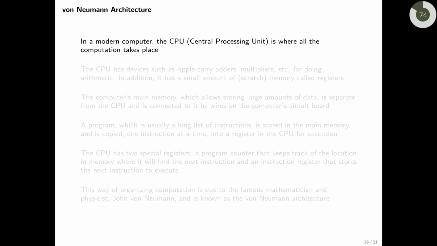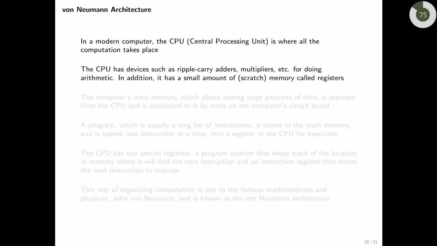Now we are ready to talk about how you build a computer. In a modern computer, the CPU or the central processing unit is where all the action takes place. What does the CPU contain? Well, the CPU has devices such as the ripple carry adders, multipliers, and so on for doing arithmetic. In addition, it also has a small number of very precious memory units called registers.